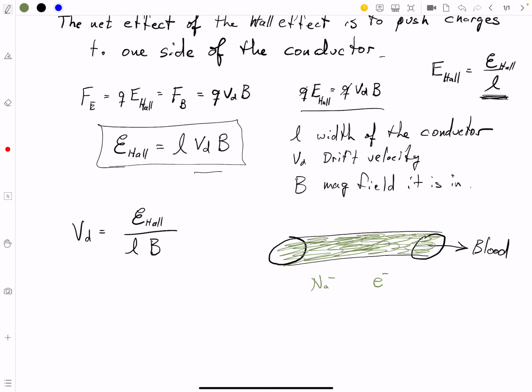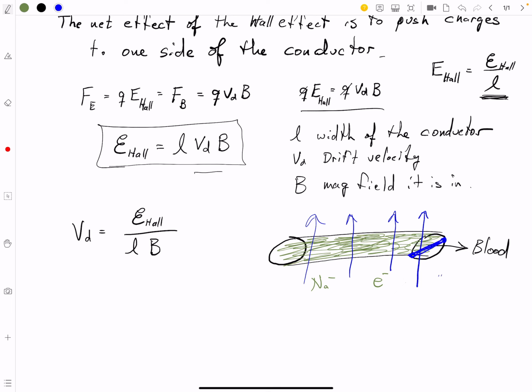So here's our B field. And we detect a Hall EMF going from one side of the vessel to the other.